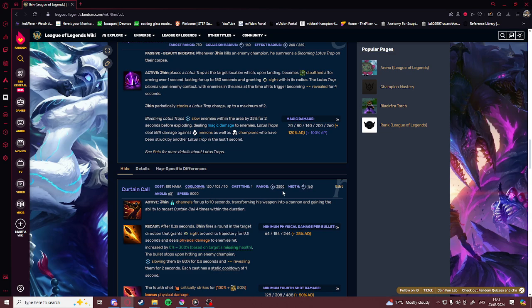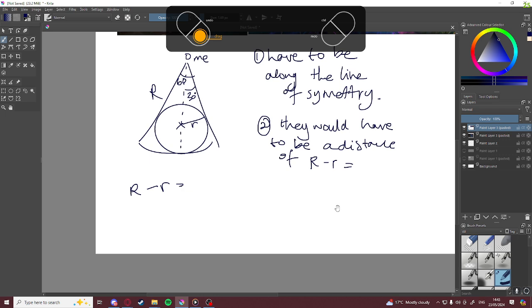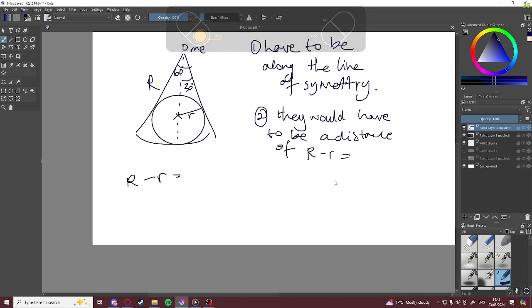And then my range is 3,500. So I know that my range is 3,500, and I'll replace every single capital R with 3,500.